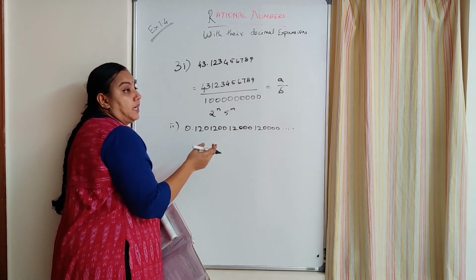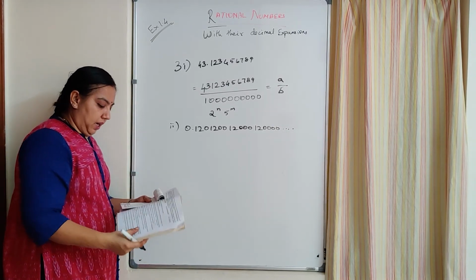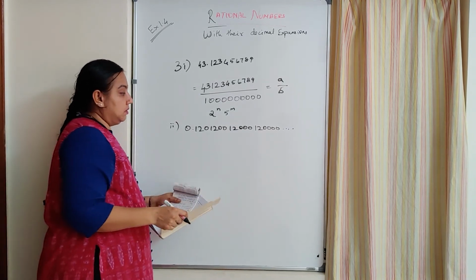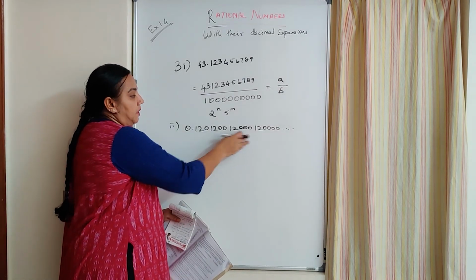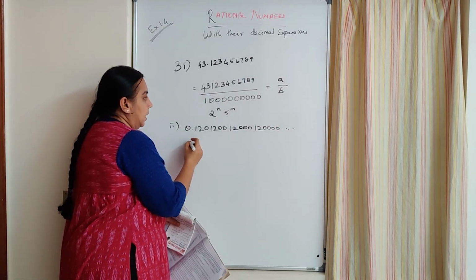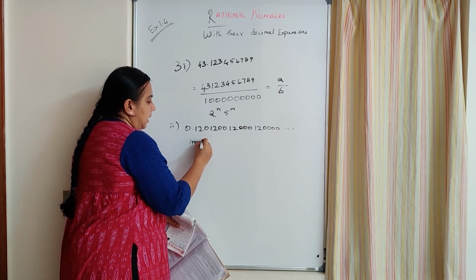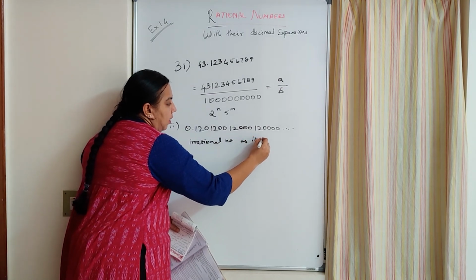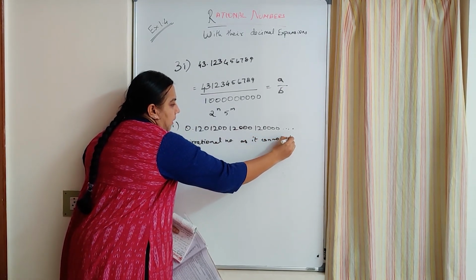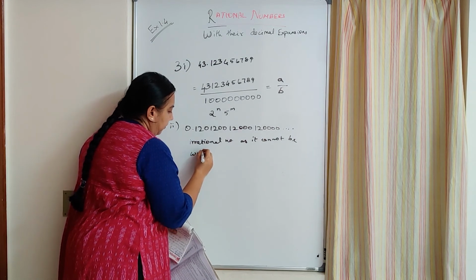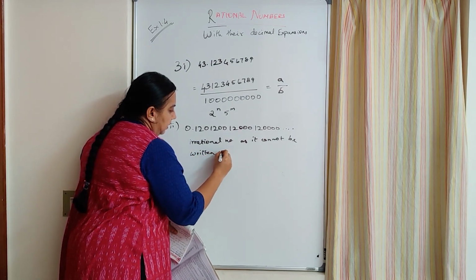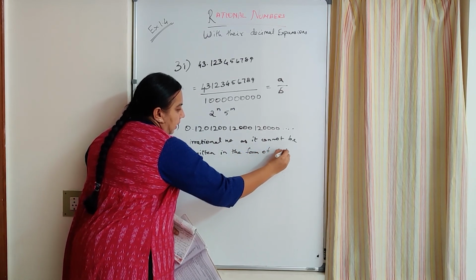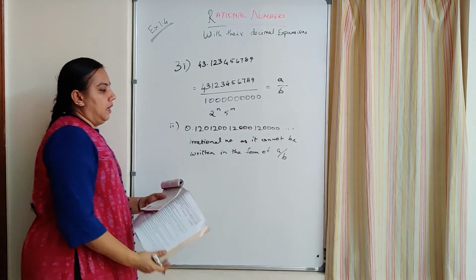But as these numbers are not the same, it is an irrational number, as it cannot be written in the format of A by B.